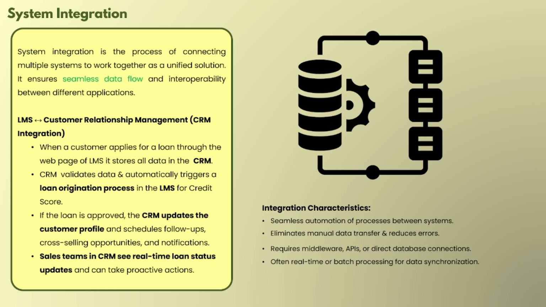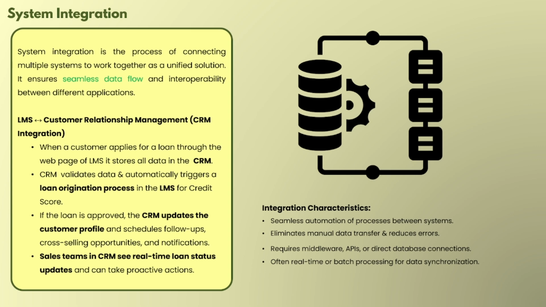So when a customer applies for a loan through the web page of the loan management system, it stores all the data in the customer relationship management system. Just imagine someone is using the website of Noah Major Bank, and his data is going to some other system.